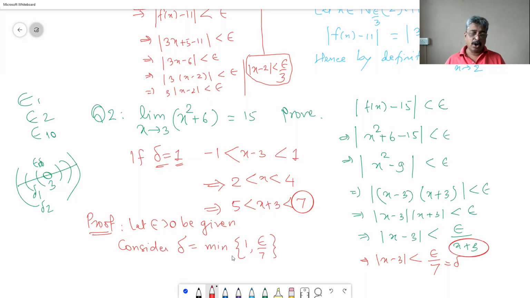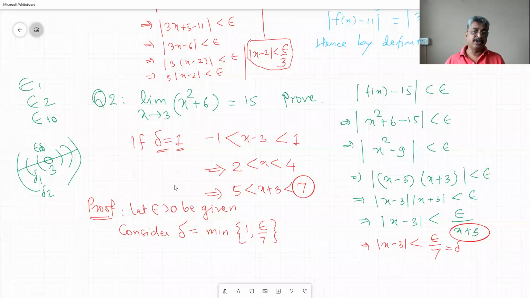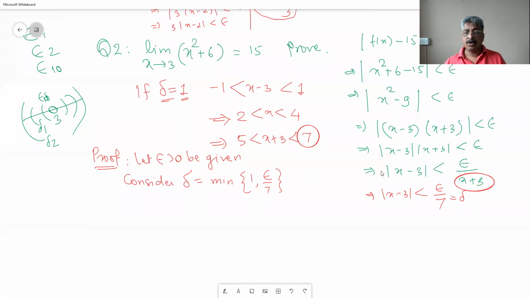So minimum of 1 comma epsilon you have taken. And how will you finish this proof now eventually? Okay, writing this, consider.